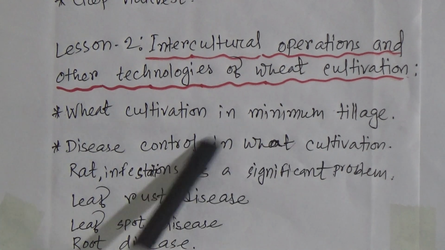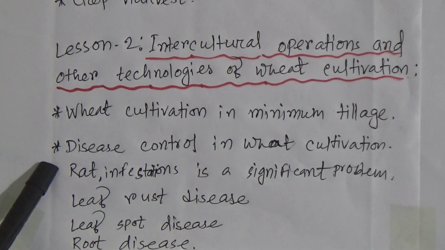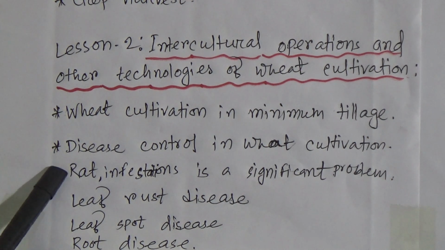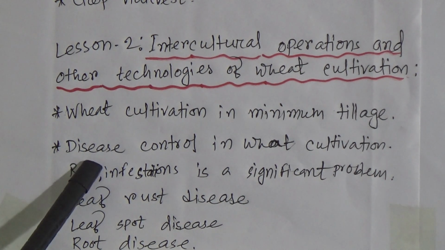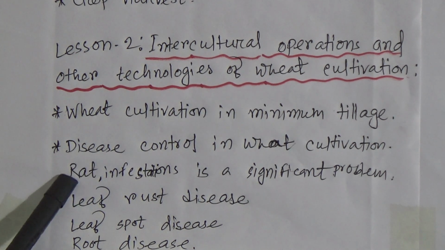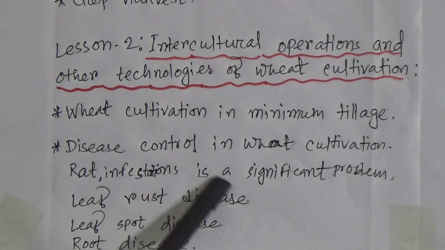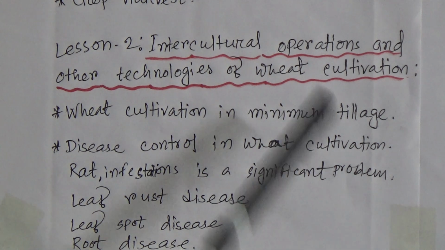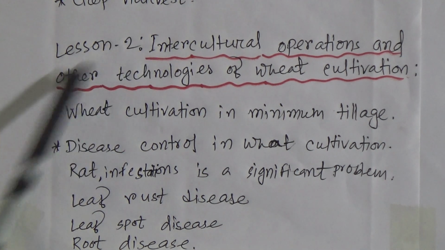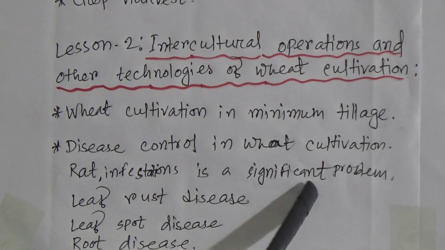Then disease control in wheat cultivation is very important to the farmers, because if the plants of wheat are affected by disease, then the farmers would not get a good harvest. Rat infestation is a significant problem. Okay, in cultivating wheat, farmers need to be aware of this problem.